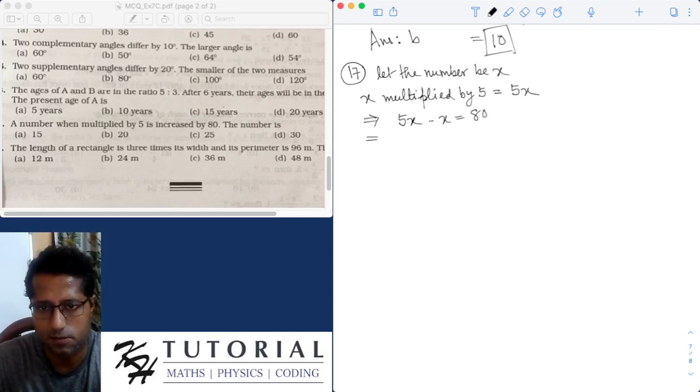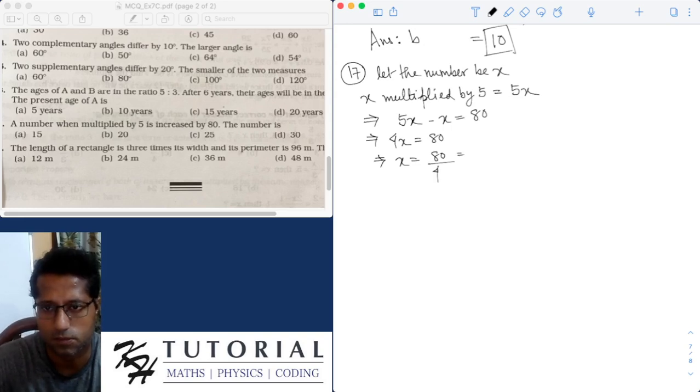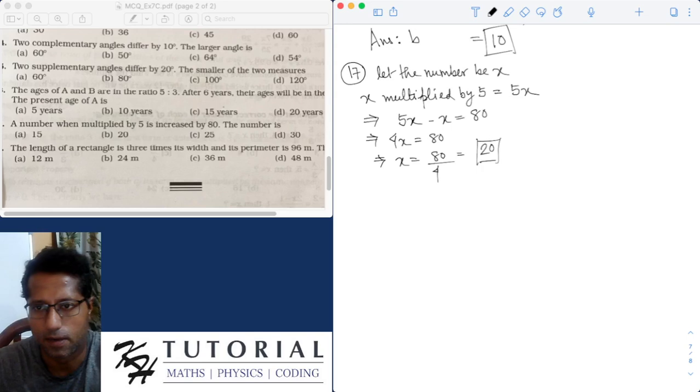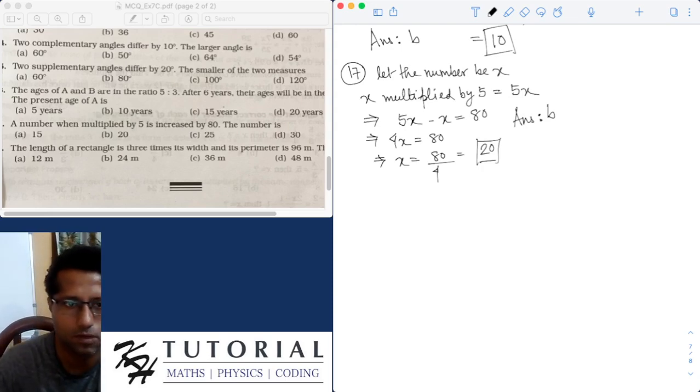So 4x equals 80, which implies x equals 80 divided by 4, which is 20. So 20 is the number, and the answer is choice B.